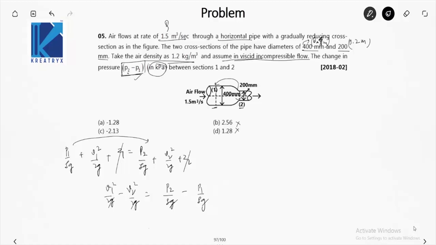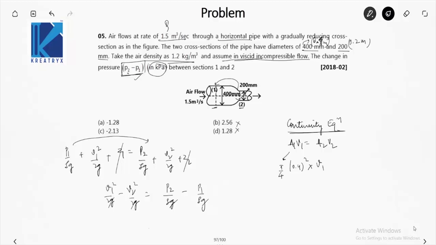Now for the relation between V1 and V2, let's apply the continuity equation. Again, the same type of questions are getting repeated. Continuity equation is A1V1 is equal to A2V2. A1 will be pi by 4 into 0.4 square into V1.